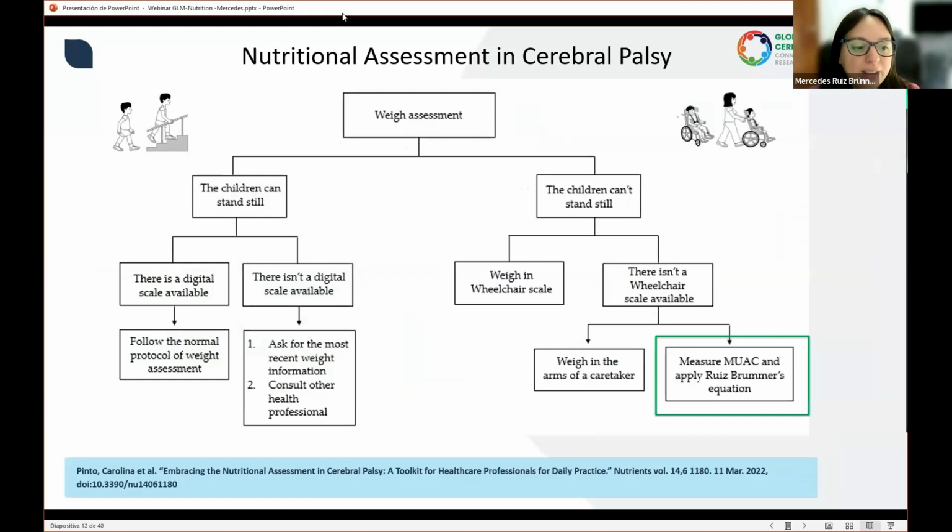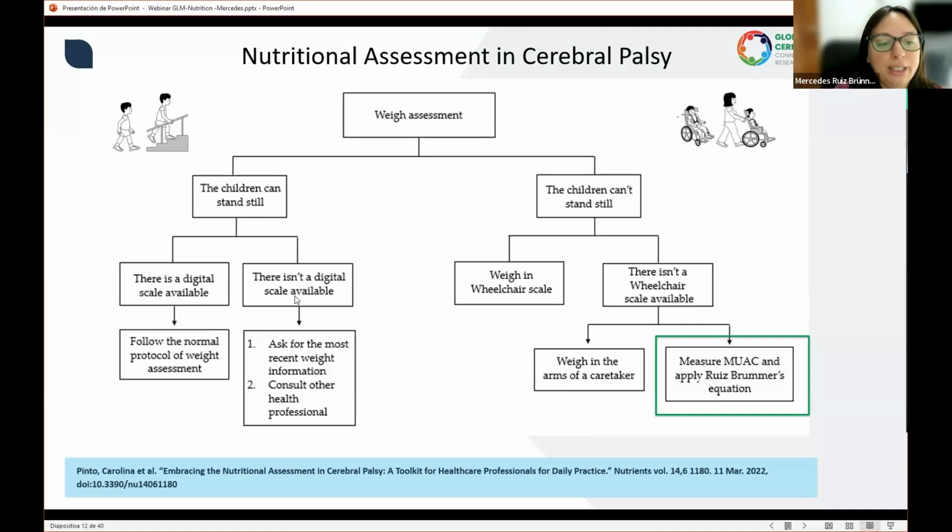Also, there was a publication in 2022 that was a toolkit for health professionals to do nutritional assessment. And they explained that when you want to assess weight, for example, in children that can't stand still, you can use a digital scale available.